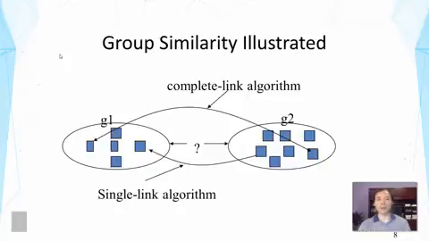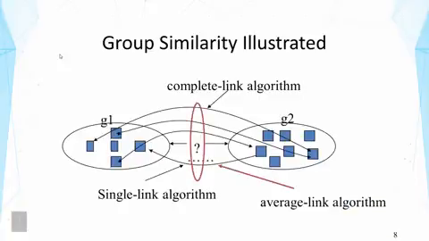So we are going to make sure that if the 2 groups are having a high similarity, then every pair of the objects in the 2 groups will be ensured to have high similarity. Now, average link is in between, so it takes the average of all these pairs.